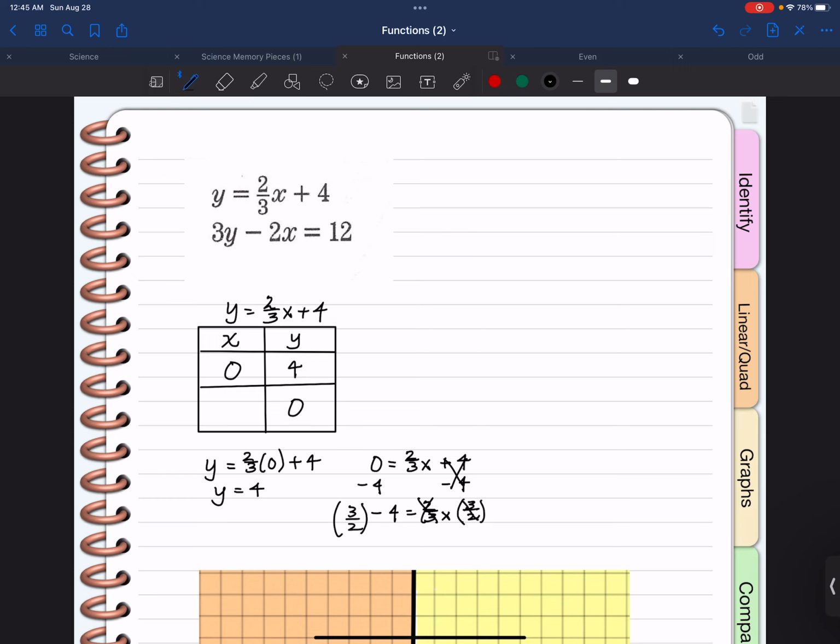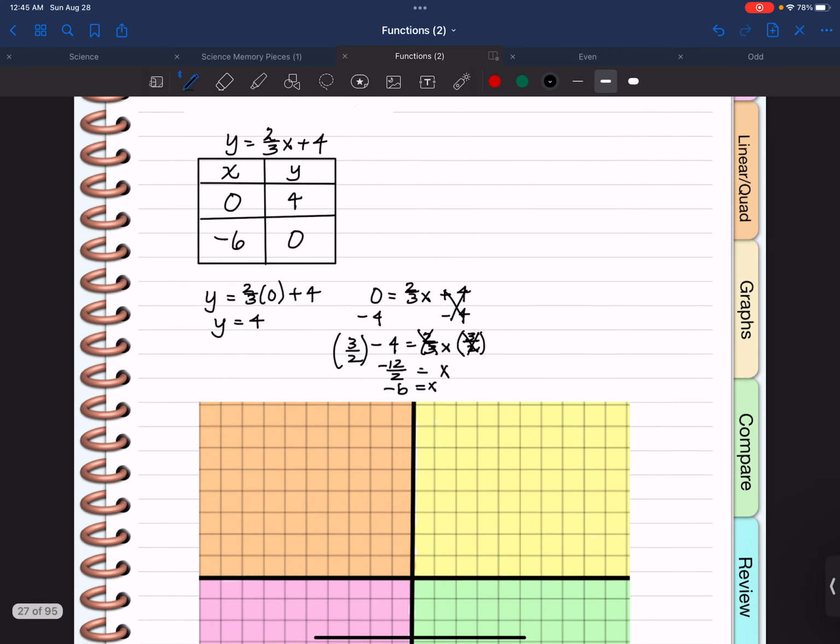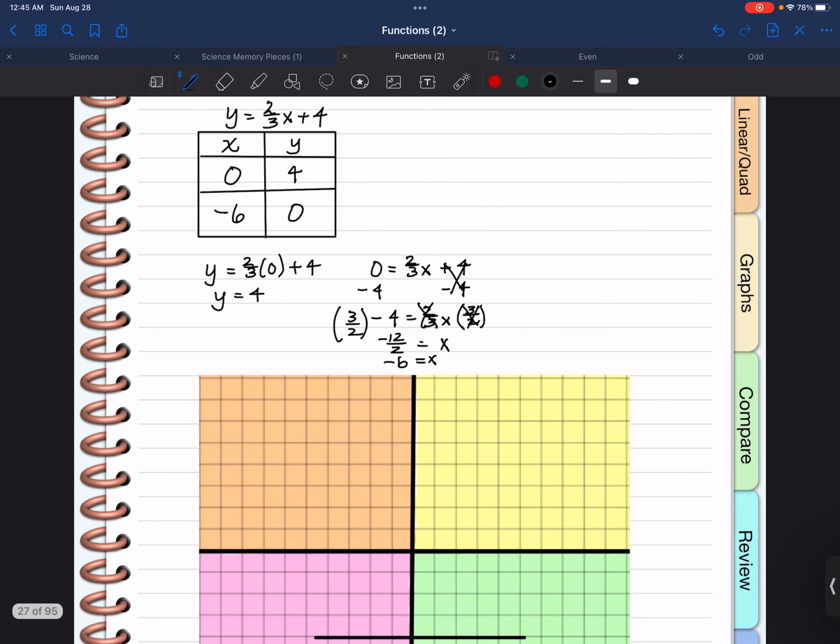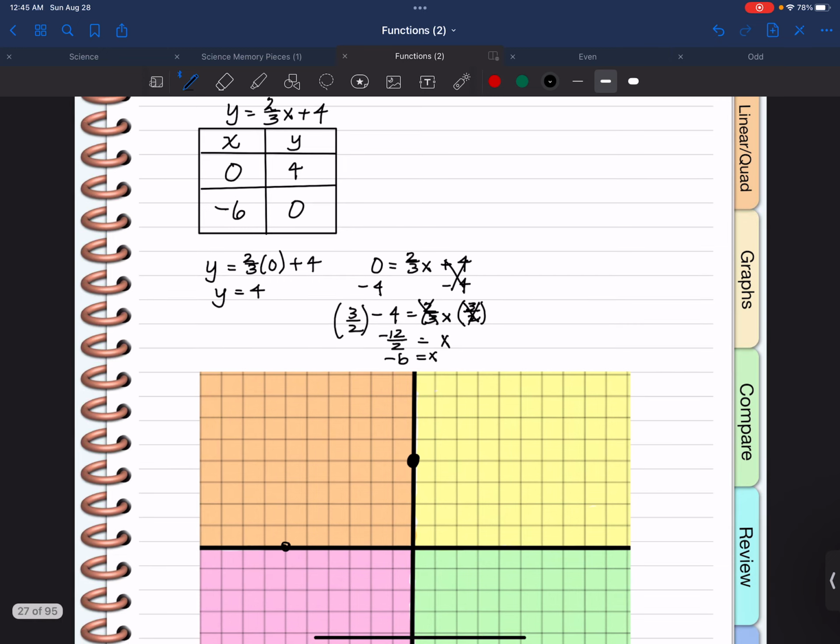So the fraction's gone here. x equals negative 12 over 2. So x is negative 6. So let me go ahead and graph this one. We have 0, 4, and then negative 6, 0.